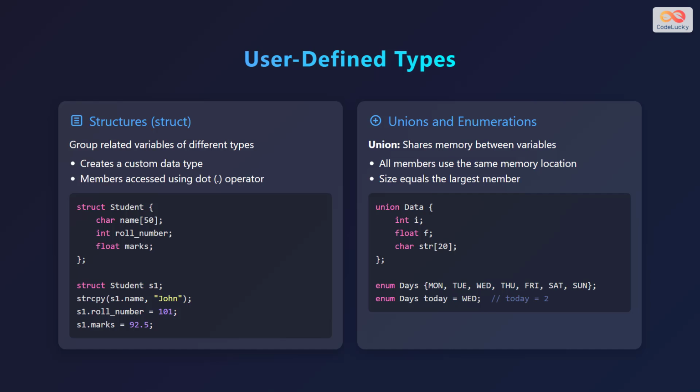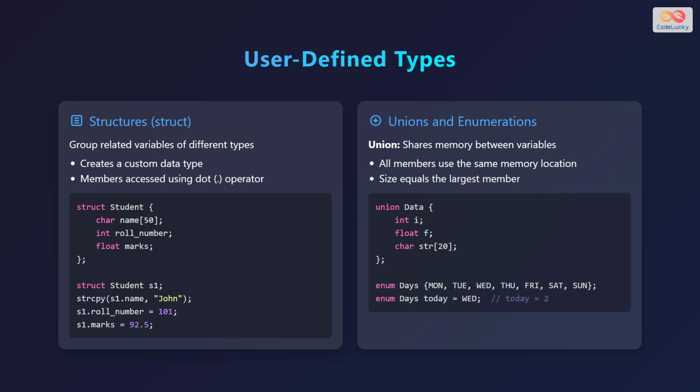For example, struct student { char name[50]; int roll_number; float marks; }. We can then create a student variable like struct student s1 and assign values to its members using functions like strcpy(s1.name, "John"), s1.roll_number = 101, and s1.marks = 92.5.